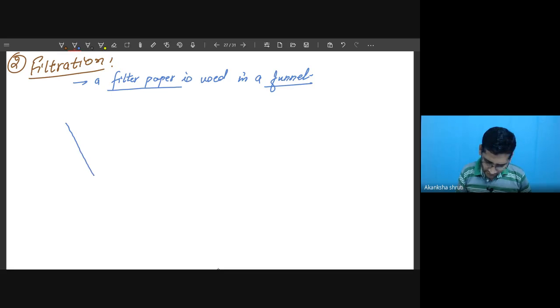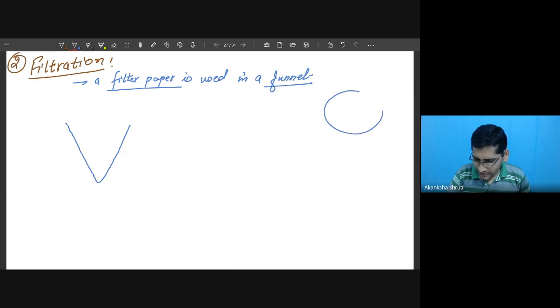You have to fold the filter paper in this form. If you have this round filter paper, it has to be converted into this form, in the form of a cone. So this is the cone of filter paper that you have to keep in mind.